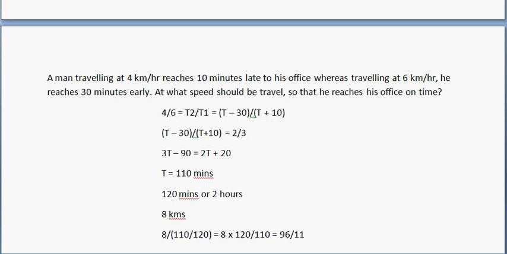So this is the speed at which he travels so that he reaches on time, which is equal to 8.72 kilometers per hour.